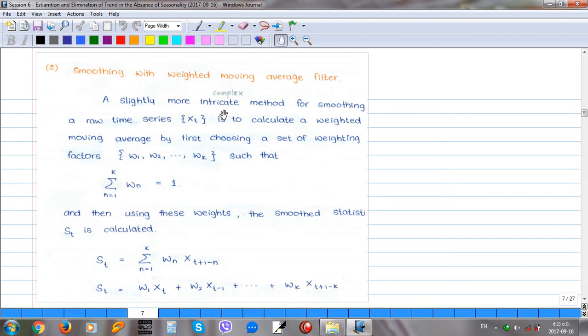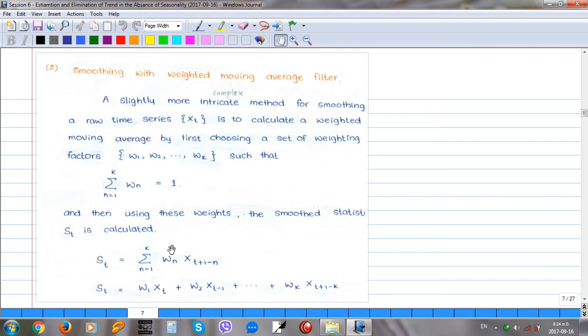A slightly more sophisticated method for smoothing a raw time series is to calculate weighted moving averages, first choosing a set of weighting factors w_1 to w_k such that the sum of the weights equals 1, and then using the weights, the smoothed statistic S_t can be calculated.